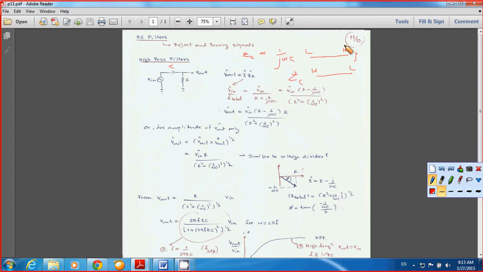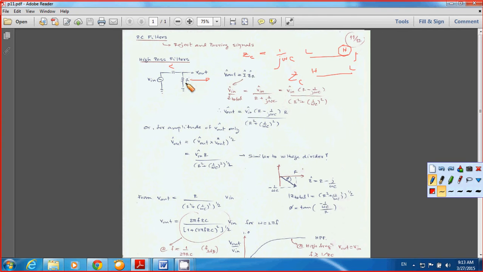So for the high pass filter, you want this one to allow the higher frequency signal to pass and show up at the output. And if you think about a voltage divider, Vout is going to be directly proportional to whatever you have here.